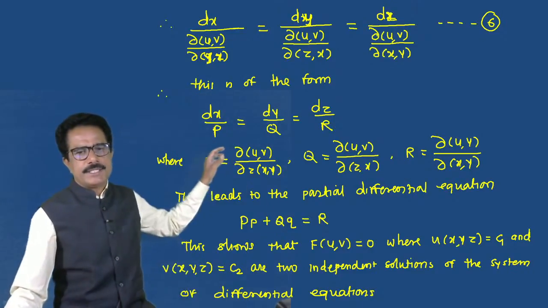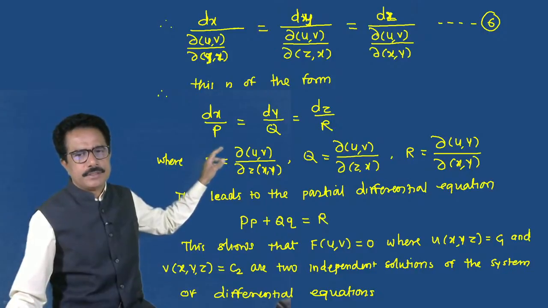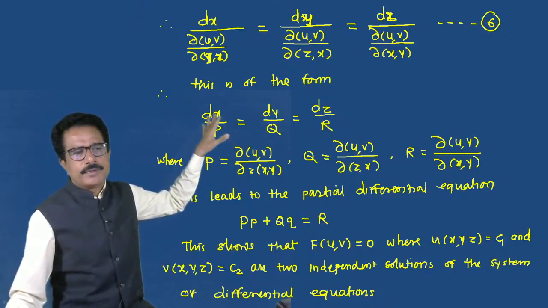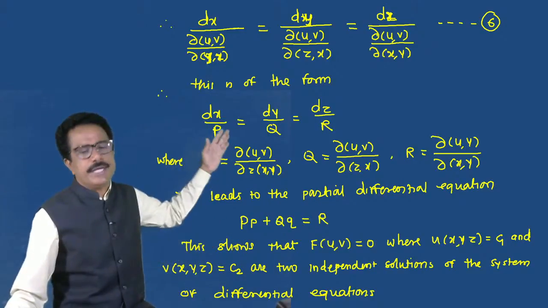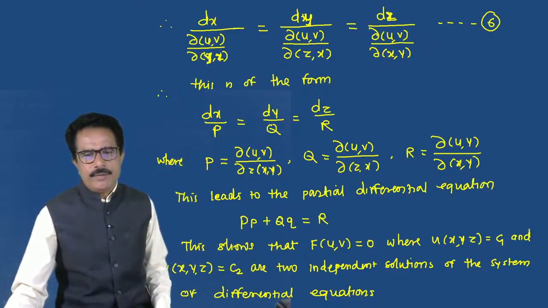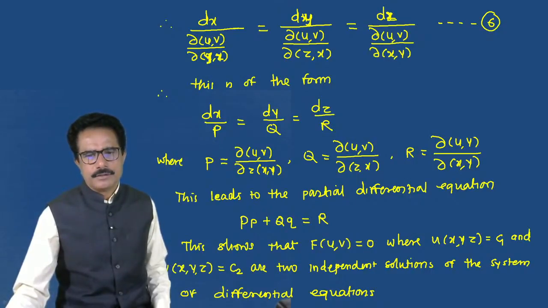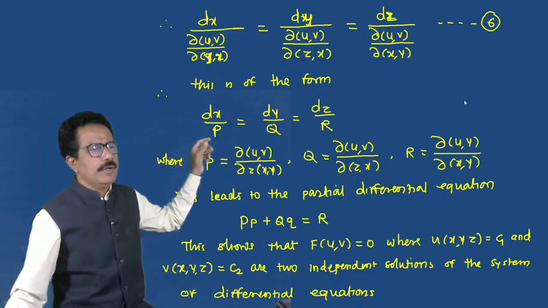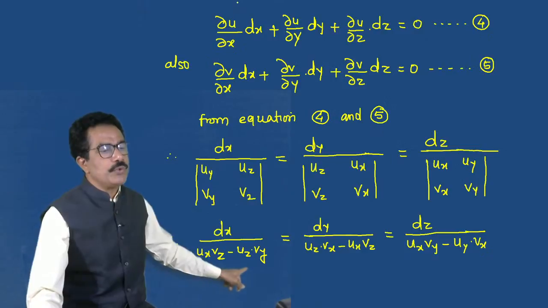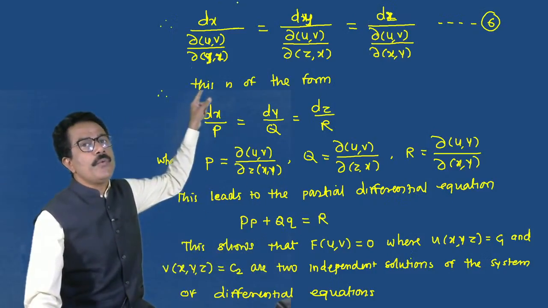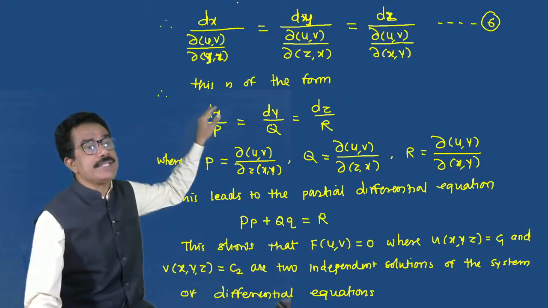We can write this as ux vz minus uz vy, so ∂(u,v) divided by ∂(y,z).